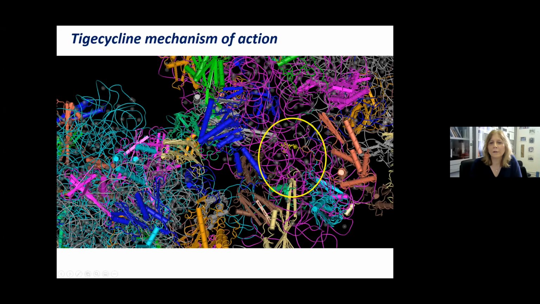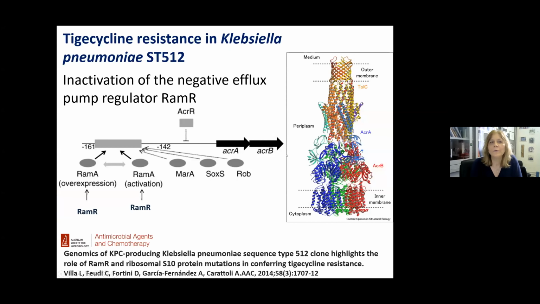We were really one of the few describing Tigecycline resistance in Klebsiella pneumoniae ST512, so the same with current KPC. The reason is that using Tigecycline against the KPC producers, suddenly we observed these few, but very first, resistant strains to this drug.